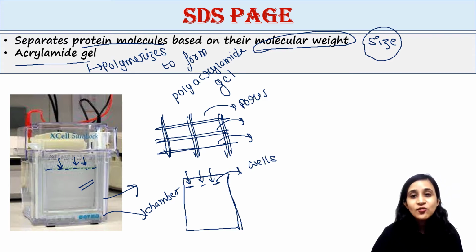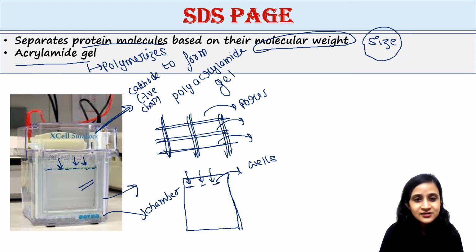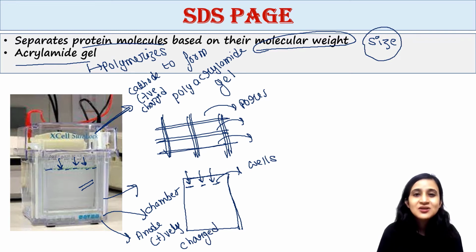The electrophoresis chamber contains a negative charge at one end. So in this end it has the cathode that is negatively charged, and this end contains the anode that is positively charged.